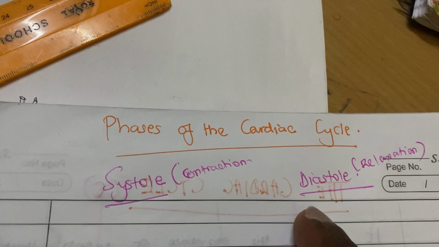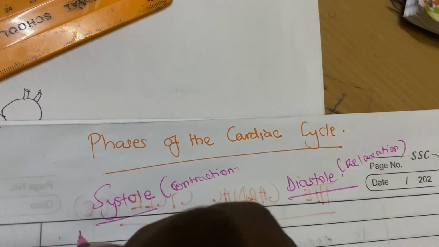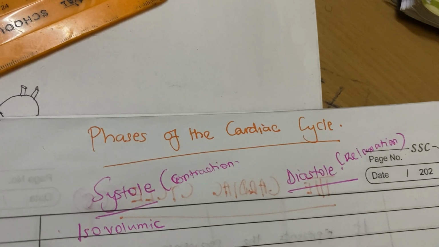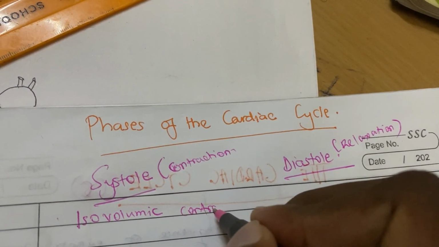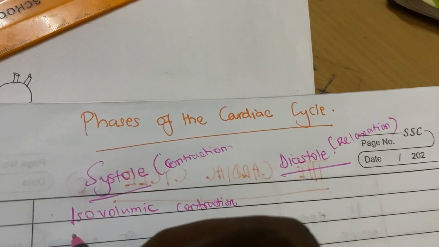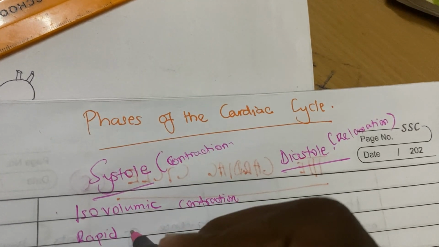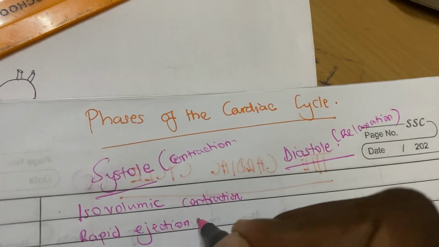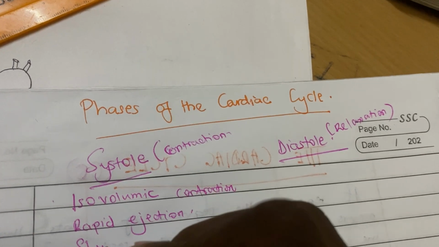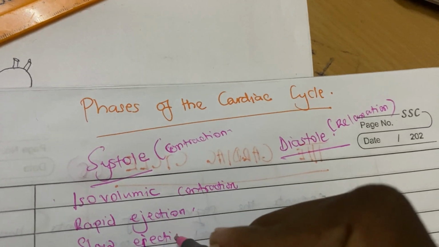So these are divided into: one, isovolumic contraction; the next one is rapid ejection phase; and then the third one is slow ejection phase.